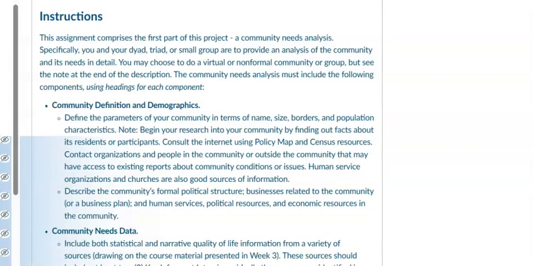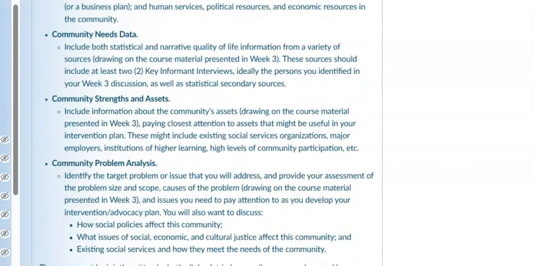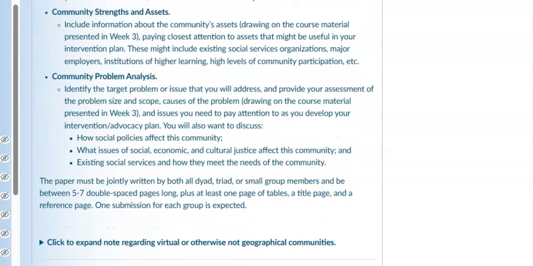The community needs analysis must include the following: community definition and demographics, community needs data, an outline of community strengths and assets, and a community problem analysis. The paper has to be jointly written by all members.